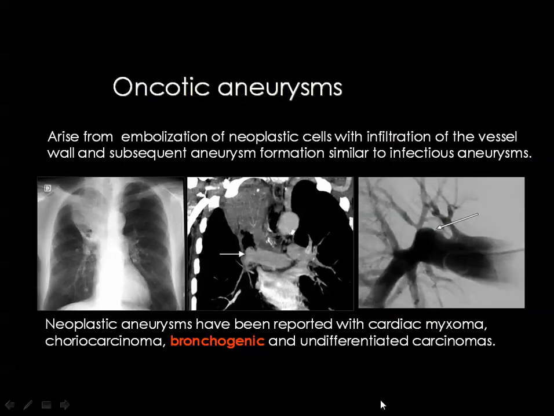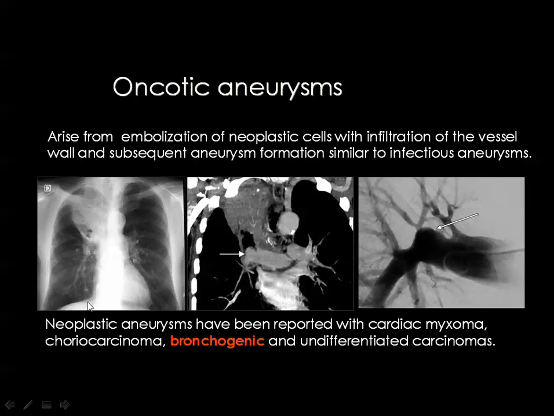Then oncotic aneurysms are those related to malignancies, and I don't actually have an example of an intracranial oncotic aneurysm, but this is a good example of a patient with a bronchogenic carcinoma that has affected the right pulmonary artery, weakened the wall of the artery, and the artery started to form a false aneurysm here, which is known as an oncotic aneurysm.